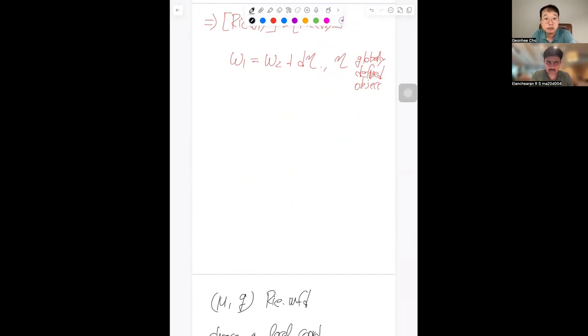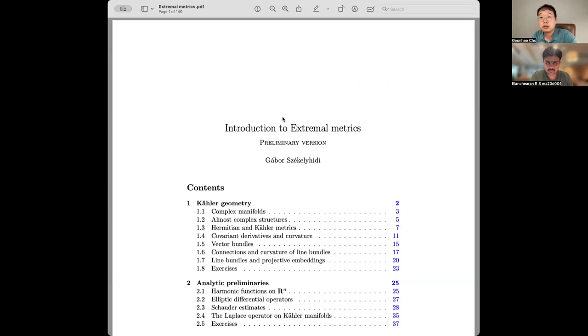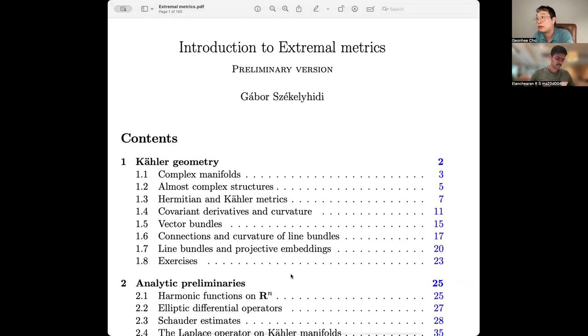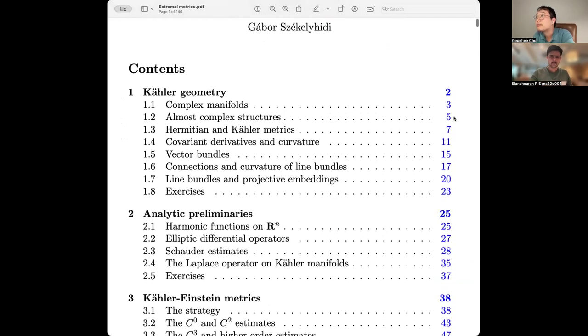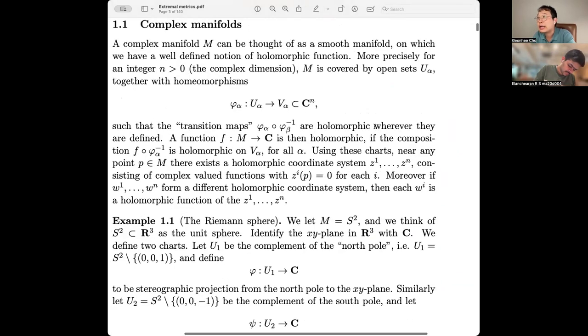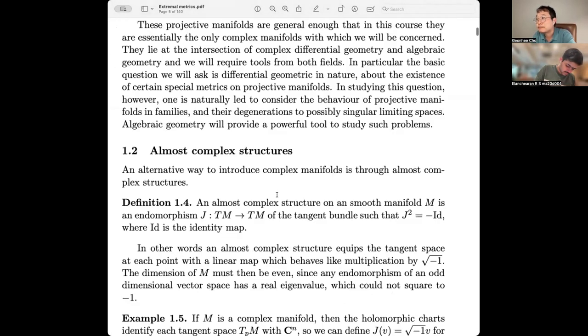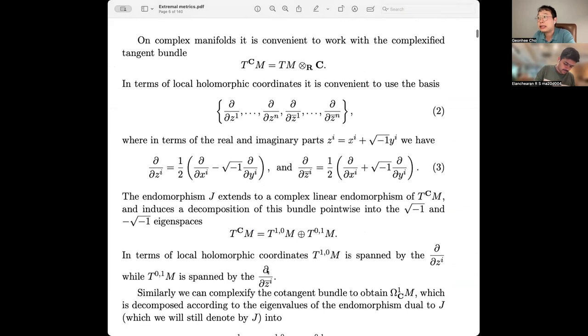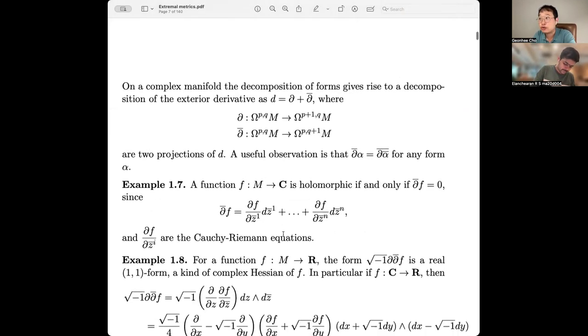And I think in this way, I can explain the spirit of the Calabi conjecture as well. This is also one of the recommended references to study complex geometry for people who haven't studied complex geometry yet. One of the important lemmas is the so-called dd-bar lemma. The dd-bar lemma gives you the answer.